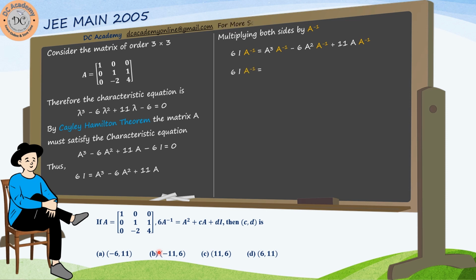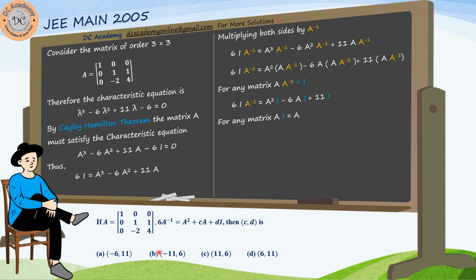For any matrix, A and A inverse multiply to the identity matrix. Therefore we can write 6A inverse equals A square I minus 6AI plus 11I. Also we know that if we multiply a matrix by the identity matrix, we get the same matrix, so A into I will be A. Therefore we get 6A inverse equals A square minus 6A plus 11I.